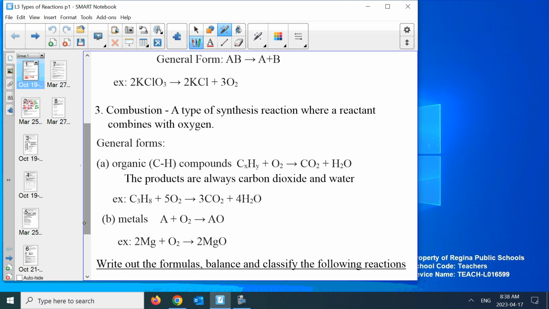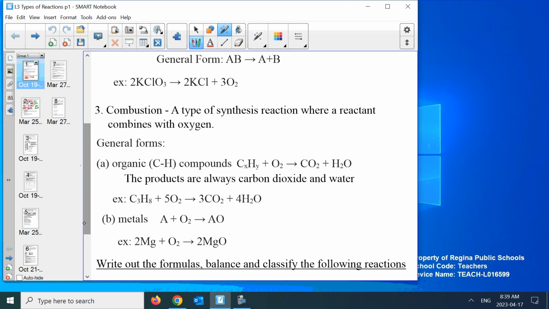And combustion is actually a type of synthesis. Something combines with oxygen. And I noticed after the class, 11 days ago, that synthesis is more... it's a better answer if you say combustion. I missed that on one.